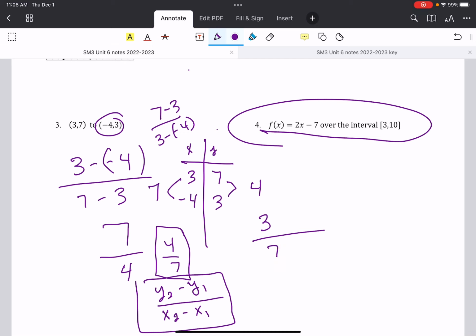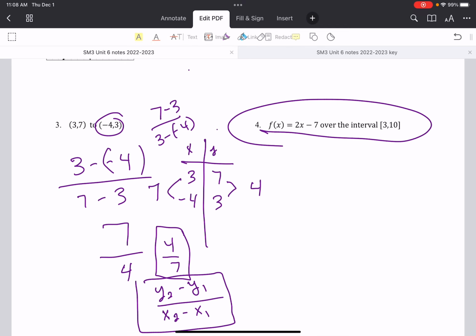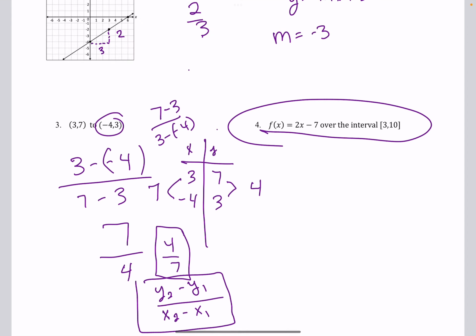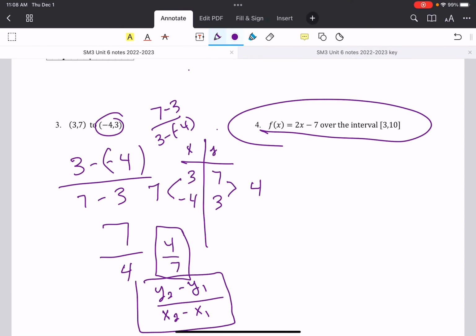No. It's because both the x's and the y's are increasing, for instance. So you're assuming that the left one is to the left and the right one is to the right, and that's not the case. They're both negative. It should still not be a 7 over the 4.